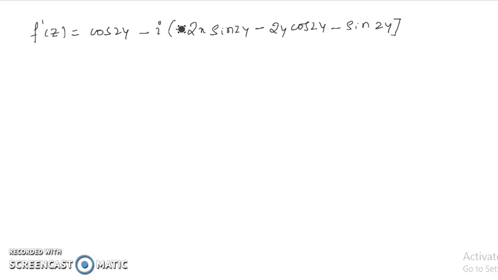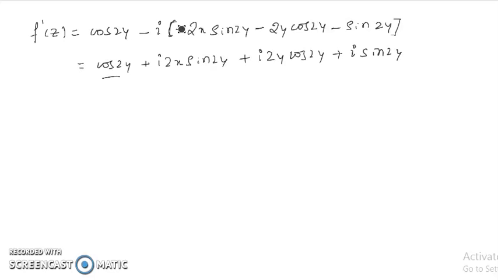So this is what we are getting. If I simplify this, we get cos 2y, plus i 2x sin 2y, plus i 2y cos 2y, plus i sin 2y.